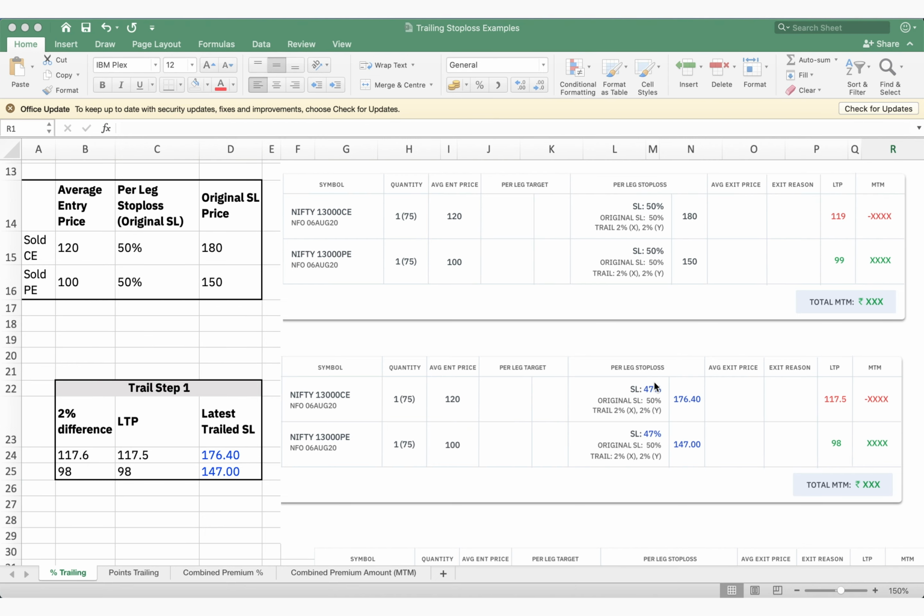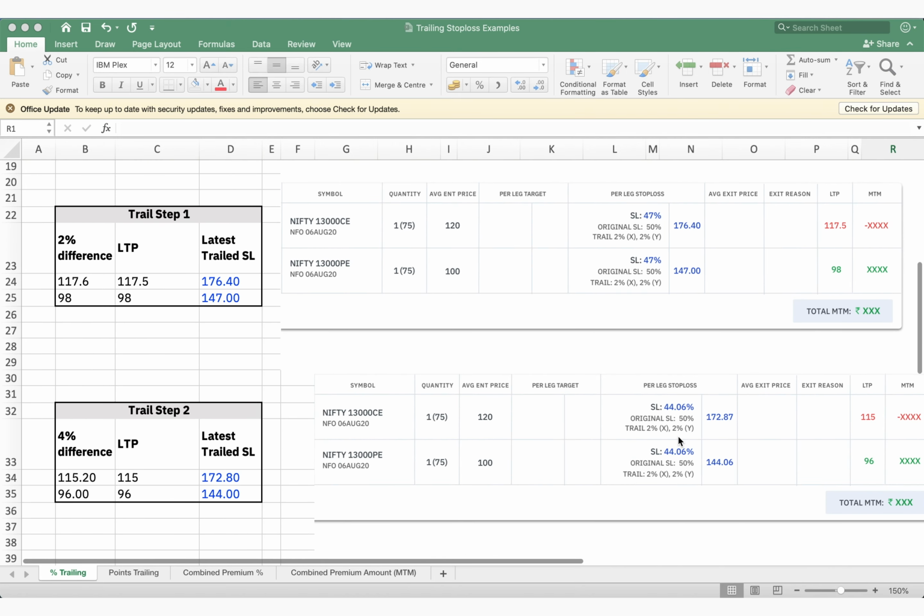This here is just the reverse calculation of the SL from the average entry price. This revised SL is shown so that it becomes easy for the trader to track as the trailing happens, because it may not be easy to keep track of the changing SLs in price while the trade is active. So as the trade progresses further, you can see the prices have gone down further by another 2%, and even the SLs have trailed by another 2% for both the legs.